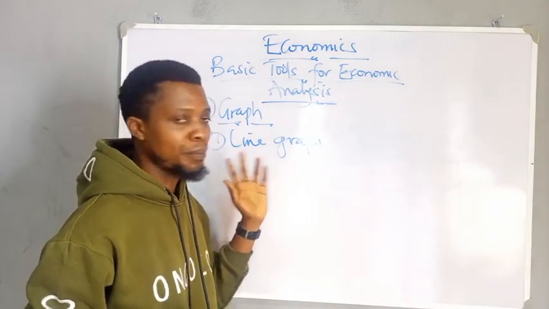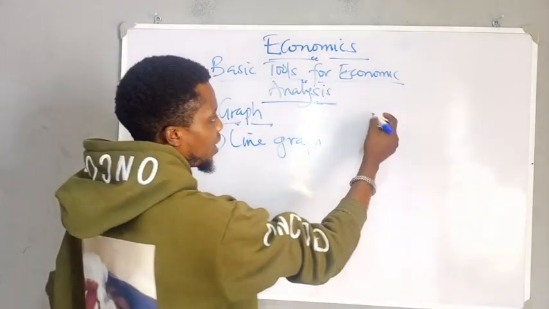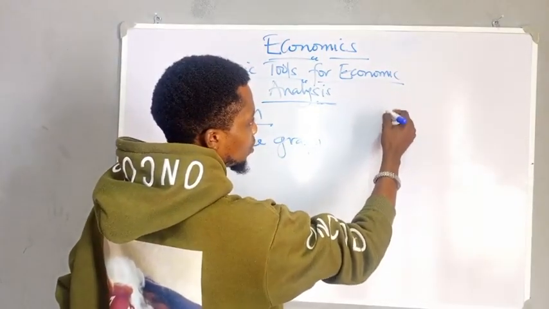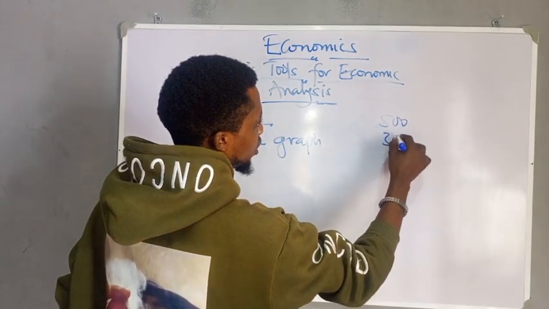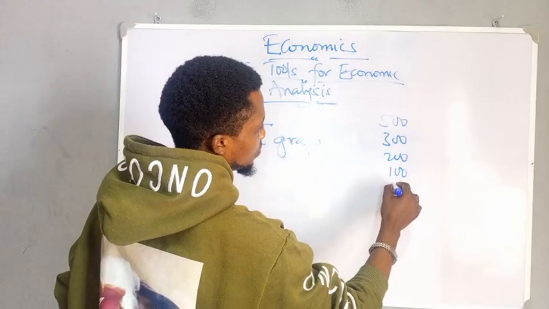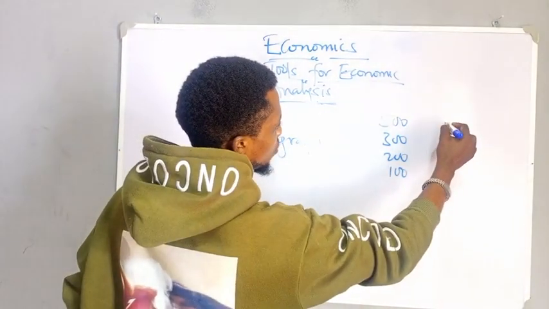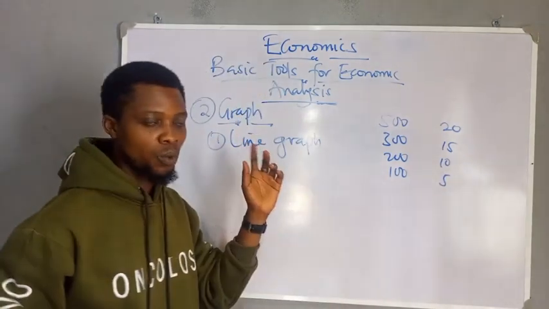A typical example is from our previous table, where we had the price of 500, 300, 200, 100, and here we had 20, 15, 10, and 5.